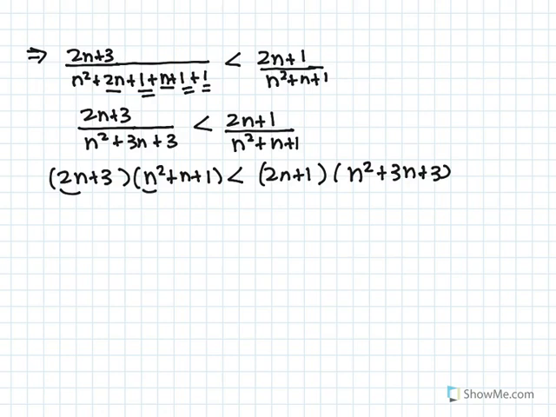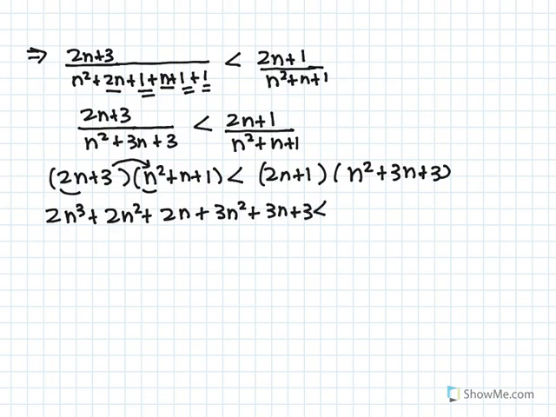So 2n times n squared gives us 2n cubed, plus 2n times n, that's 2n squared, plus 2n, plus, now take 3 times n squared, that gives us 3n squared, plus 3n, plus 3, is less than 2n times n squared, that gives us 2n cubed, plus 2n times 3n, that's 6n squared, plus 2n times 3, that equals 6n, plus, now distribute the 1, we get n squared plus 3n plus 3.